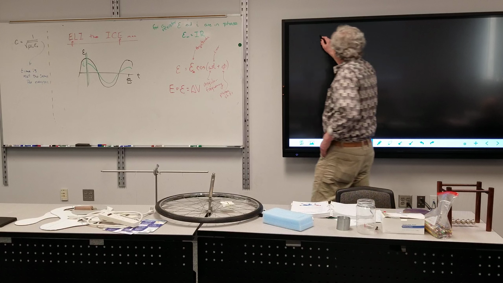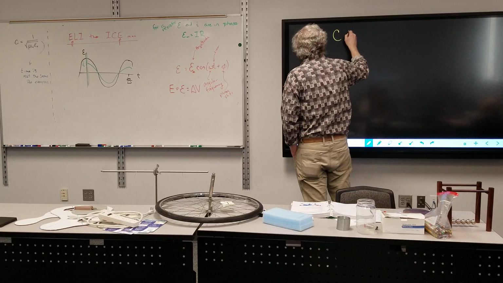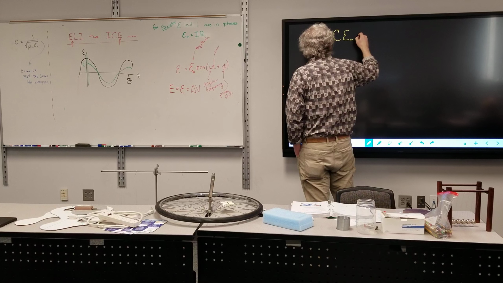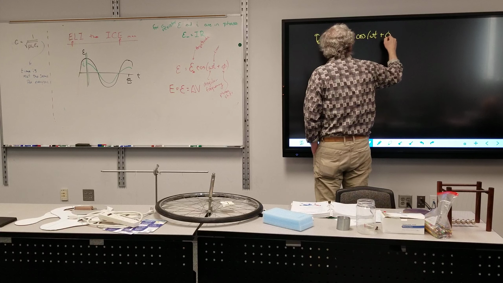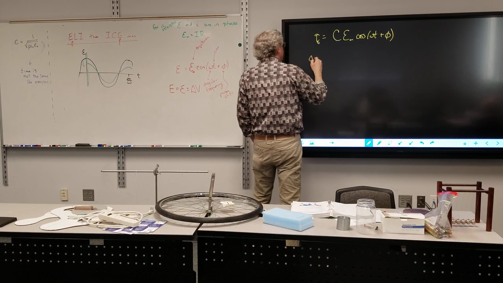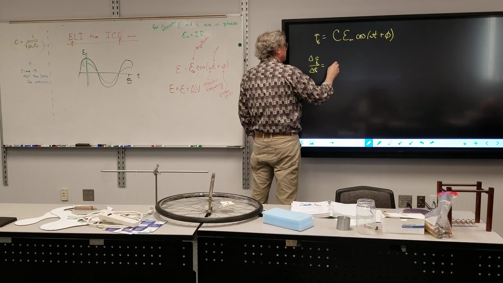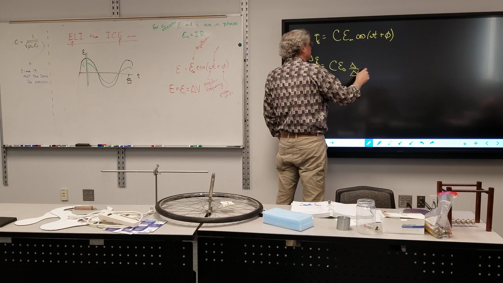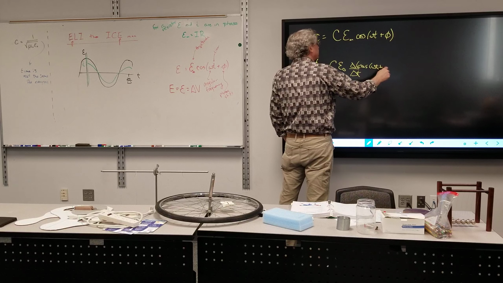So I have Q is equal to whatever my capacitance is times epsilon max cosine omega t plus phi. So the change in Q over the change in time is going to be C epsilon sub naught cosine omega t plus phi.